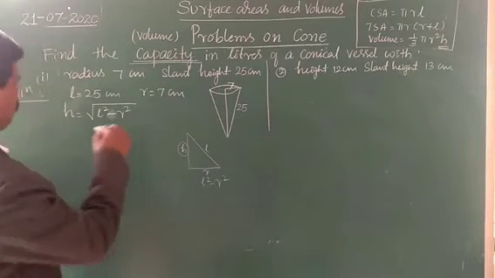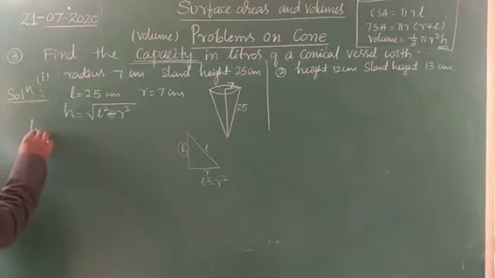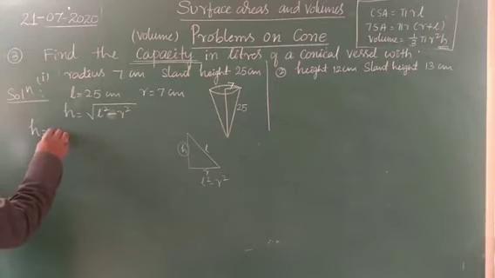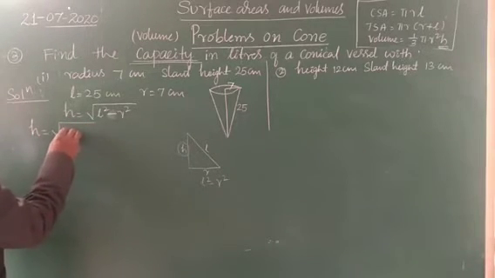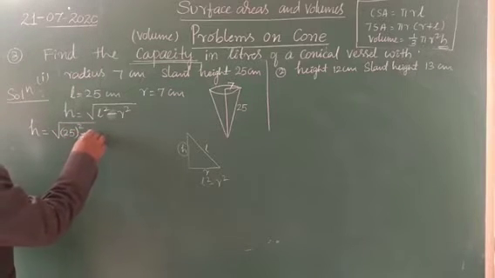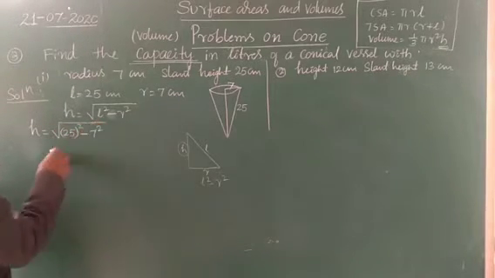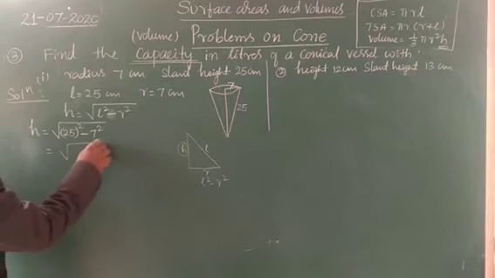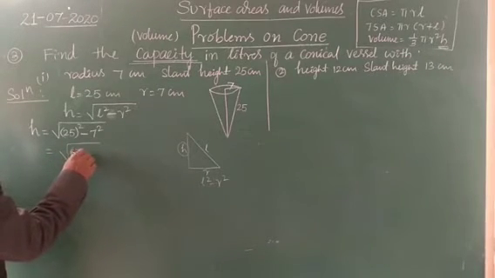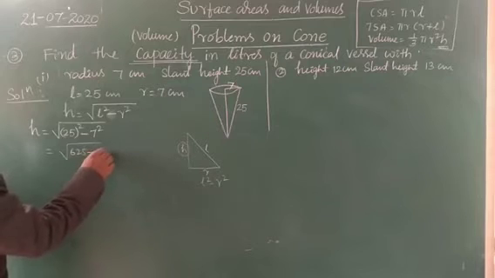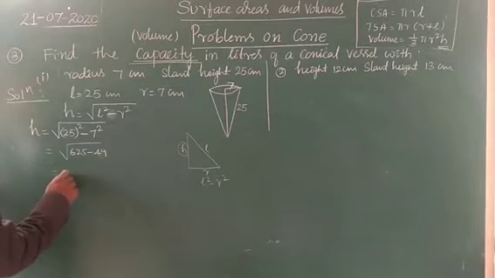Now H is equal to square root of 25 whole square minus 7 square, that is square root of 625 minus 49. Subtract 49 from 625: that is 576.